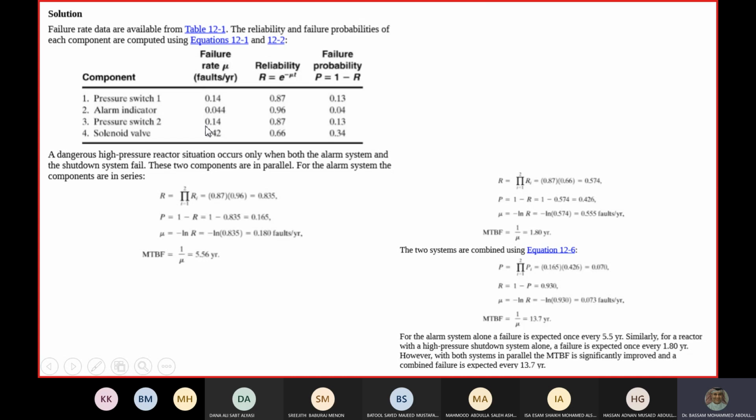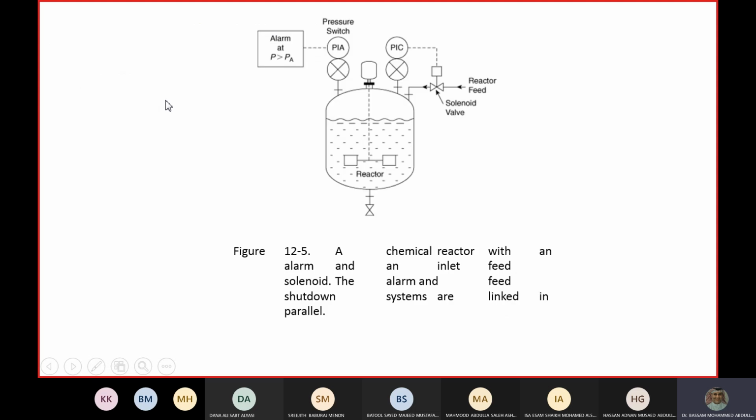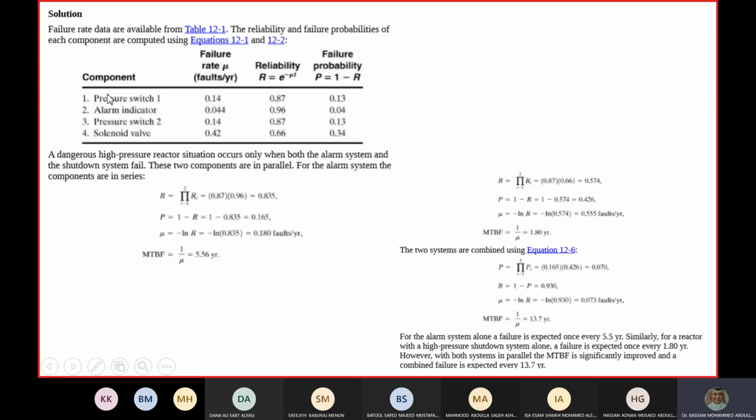So that's the story. If you go to each part, this is pressure switch 1, this is pressure switch 2. If you go to table 12.1, which is already in the PowerPoint presentation, they have the same amount, which is 0.14 faults per year. Alarm indicators are given as 0.044, solenoid valve is 0.42.